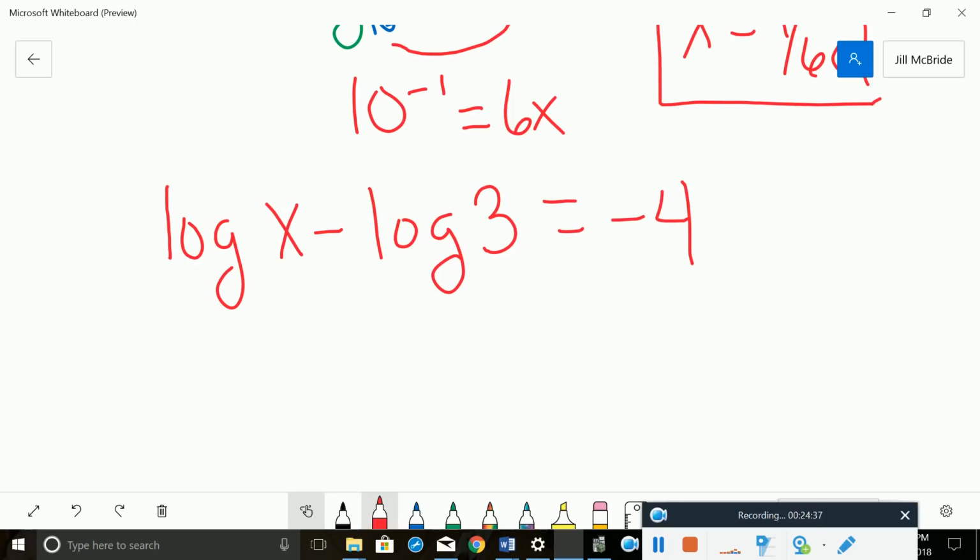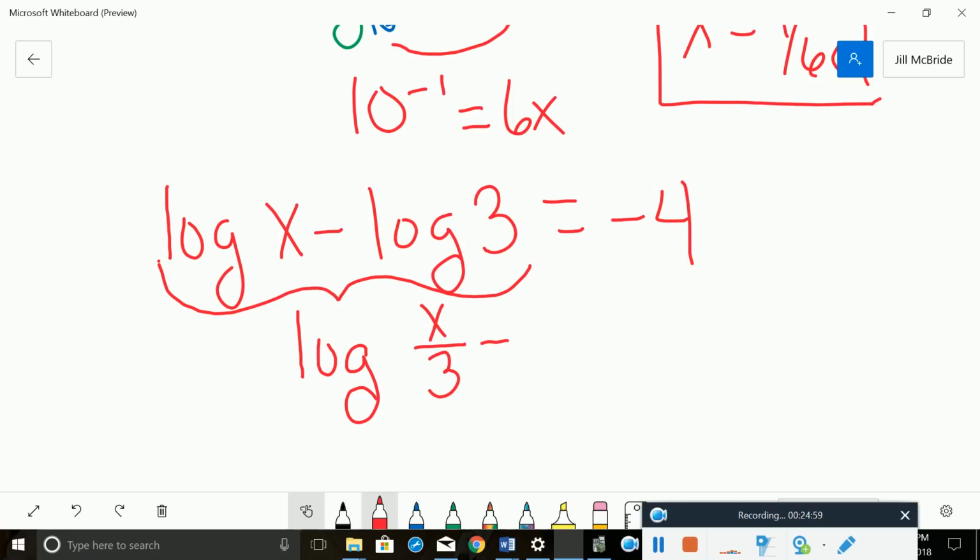Okay, if we want to do this problem now, before we can change it to an exponential, this left side of the equation has to be a single logarithm. So we use our properties of logarithms. Because my logarithms are subtracted, I can combine them into a single logarithm where the arguments are divided.